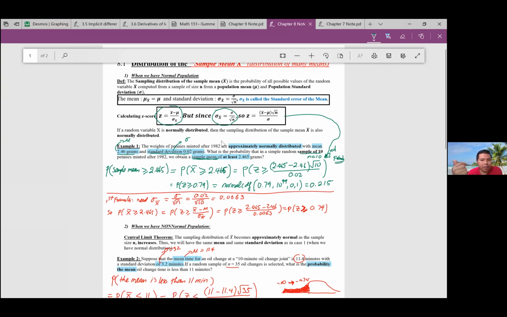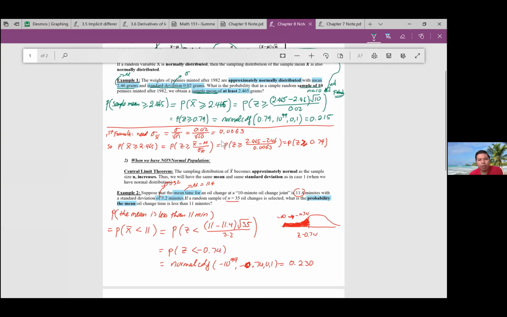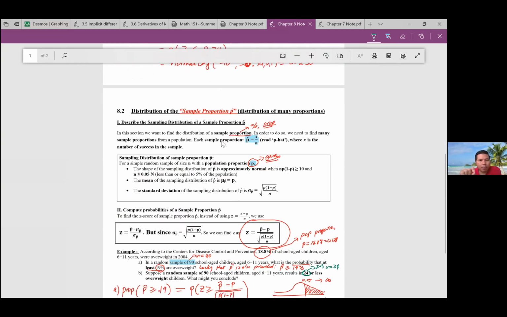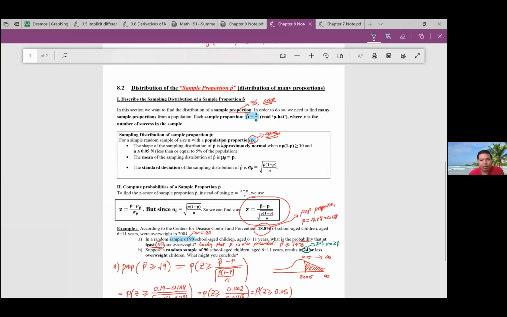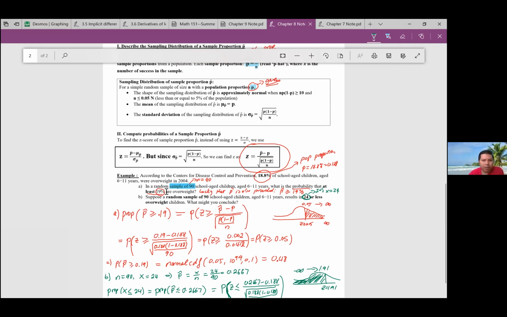Therefore, when they ask what is the chance of the sample mean, I know I have to use the formula in 8.1. And then you go to 8.2. 8.2 talks about probability of sample proportion. When they talk about what is the chance that a proportion or percentage will happen, then you know that is the formula for 8.2. That's how you make the logic in your notes, okay?